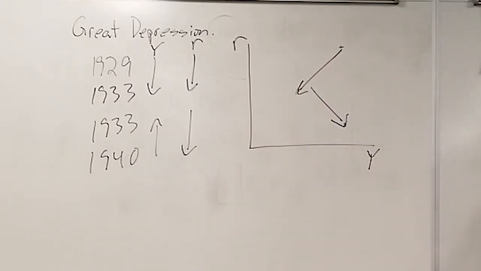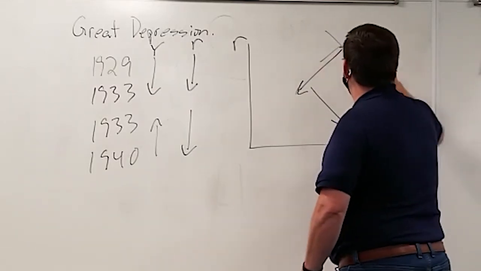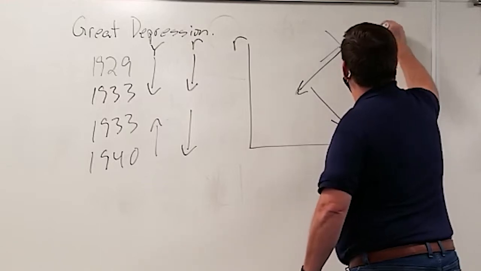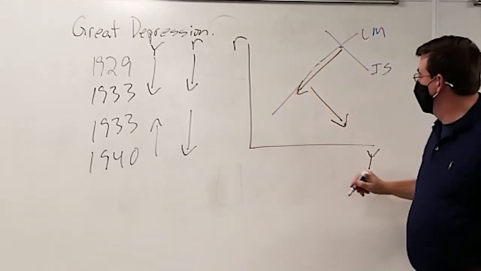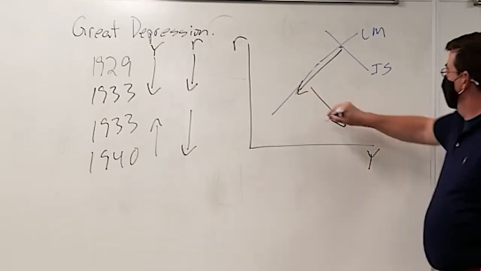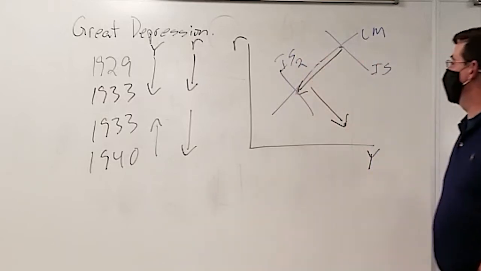All right, start with an initial set of conditions. So you've got IS here, and LM here. Well, we don't need to shift our LM curve in order to move down to here. A simple shift of the IS curve can accomplish that.